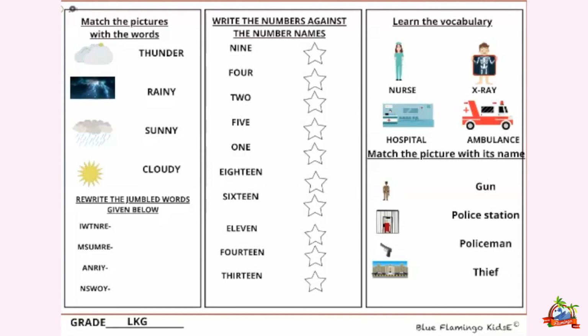Okay, the 4 words are nurse, X-ray, hospital, ambulance. Nurse, X-ray, hospital, ambulance. Spell it with me. N-U-R-S-E, nurse.